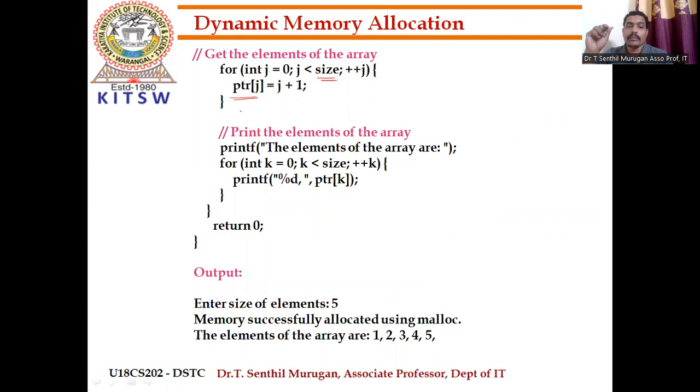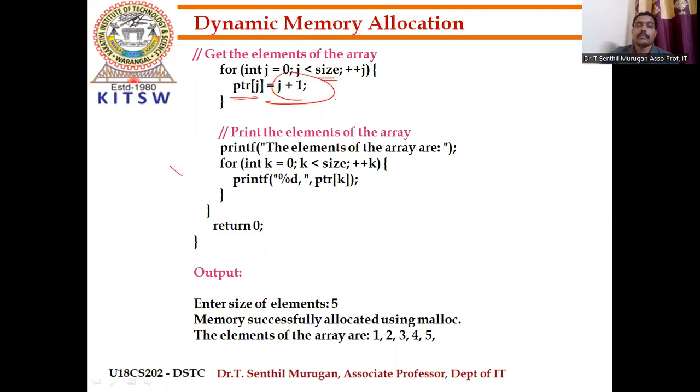Why are we using j plus 1? For j is 0, pointer of 0 gets 0 plus 1. 1 will be stored, 2 will be stored, 3 will be stored, like that. However many elements you give, that many values will be stored in the particular locations. Pointer of 0 means first location, pointer of 1 means second location. That's why we are using j plus 1 here.